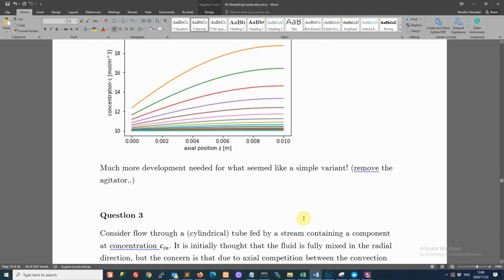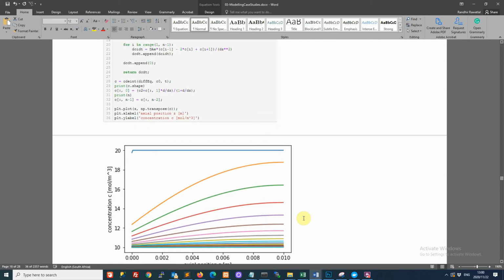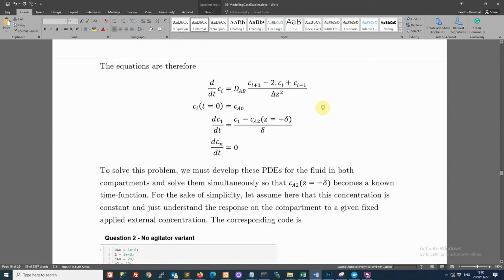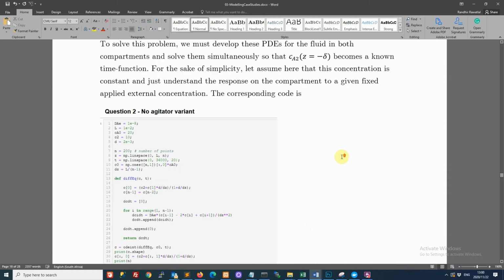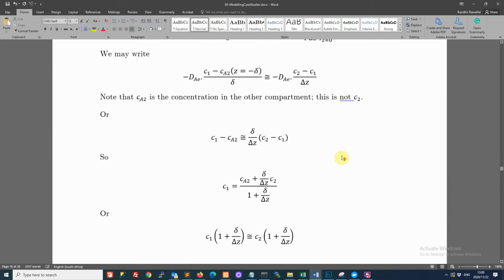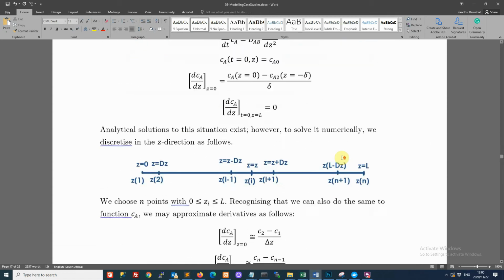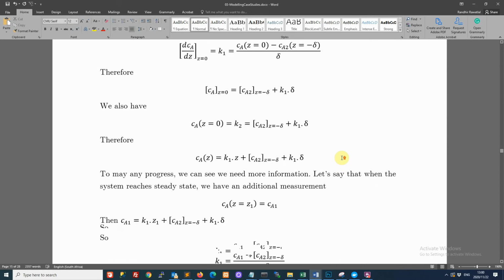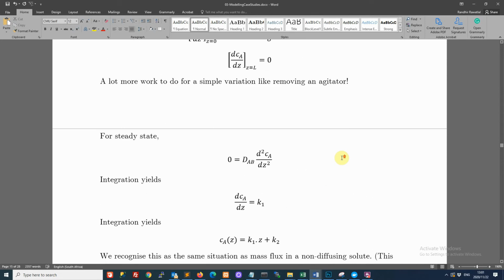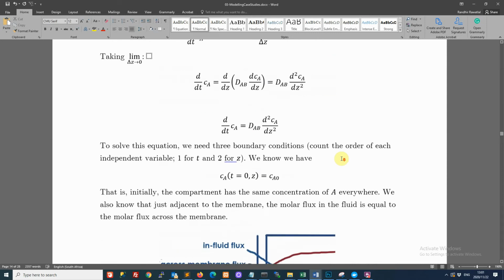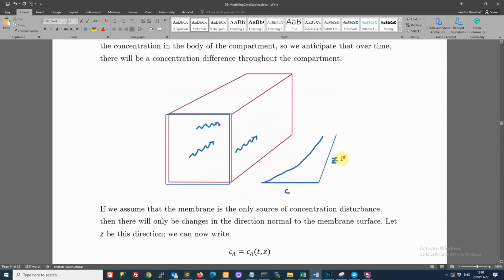So here, if I apply those conditions, to solve it numerically, I did go ahead and use this boundary condition. Where is it? I used this equation.